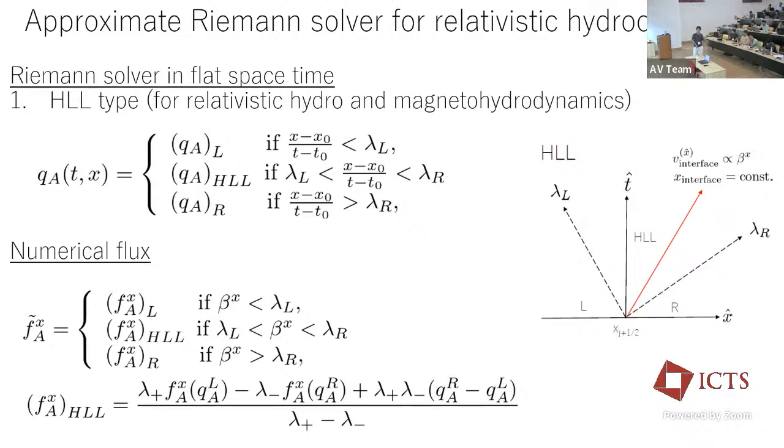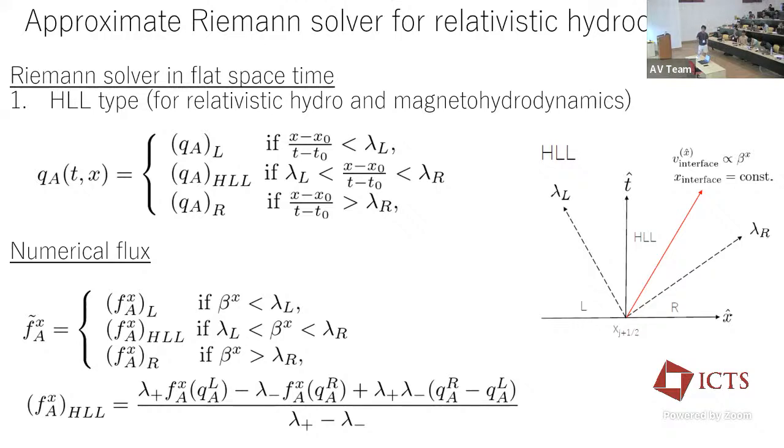For HLL, you consider the space-time diagram with a left propagating wave and a right propagating wave. But the point here is that this space-time diagram in X and T is not the inertial frame, but the local Minkowski spacetime. So this scheme should be applied after the tetrad transformation.